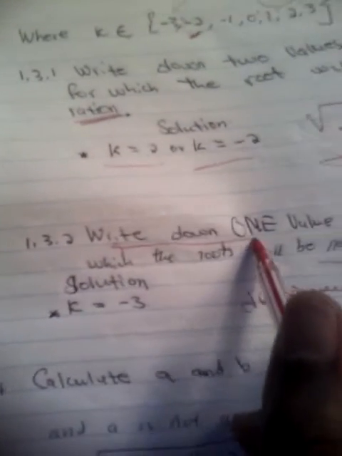Then there's no solution. Math error. Therefore, there's no solution for that, which means it is non-real. It is non-rational. Therefore, k is equal to -3. They said, write down one value. Start from here. There's no need to check other values.